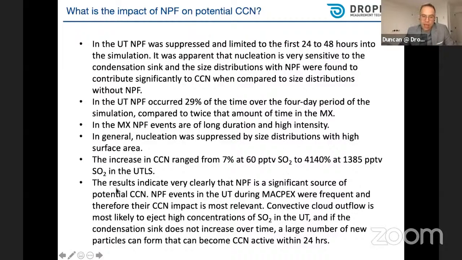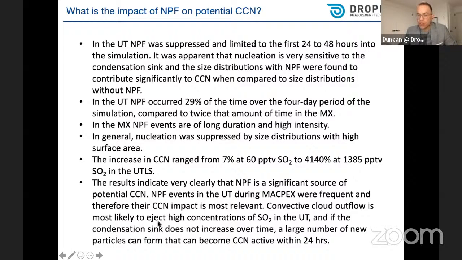So this indicates very clearly that particle formation is a significant source of potential cloud condensation nuclei, at least in the mid-latitudes. NPF events in the upper troposphere and the mid-latitudes were frequent in this campaign, and these are going to impact the CCN concentrations. What's important here is that these were linked to convective cloud outflow, and this link is most likely attributed to the ejection of high concentrations of SO2 and DUT.